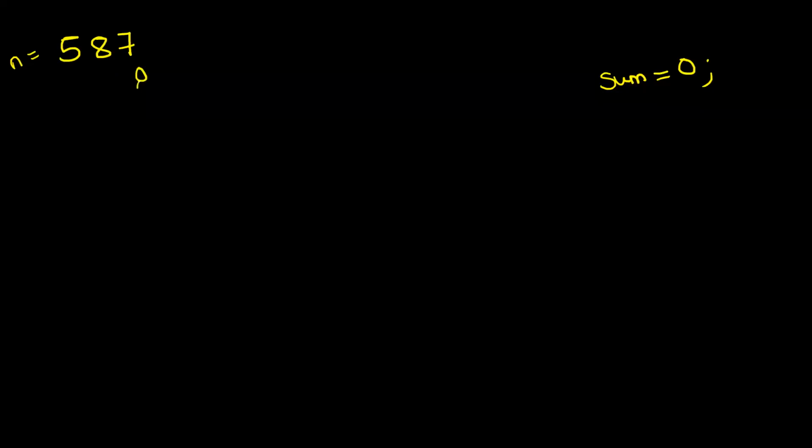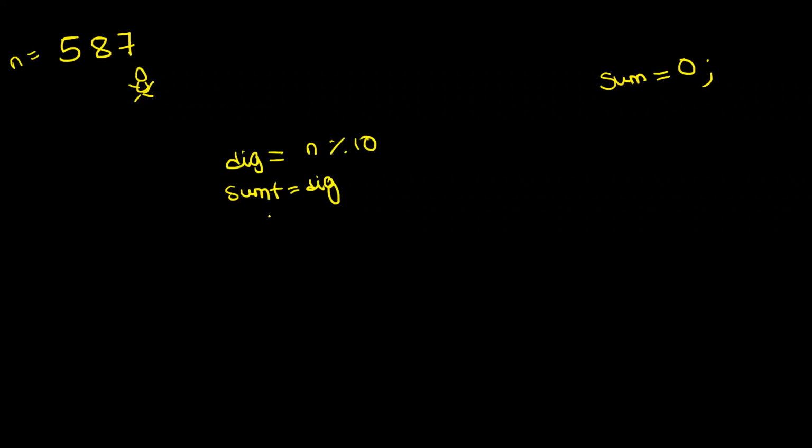First of all, I will inspect the last digit, the digit at the units place. So my digit is n percentage 10. When I do 587 percentage 10, I will get the digit as 7. And the moment I know the last digit is 7, I will add this digit to the sum. Sum plus equals digit. Do you all agree?